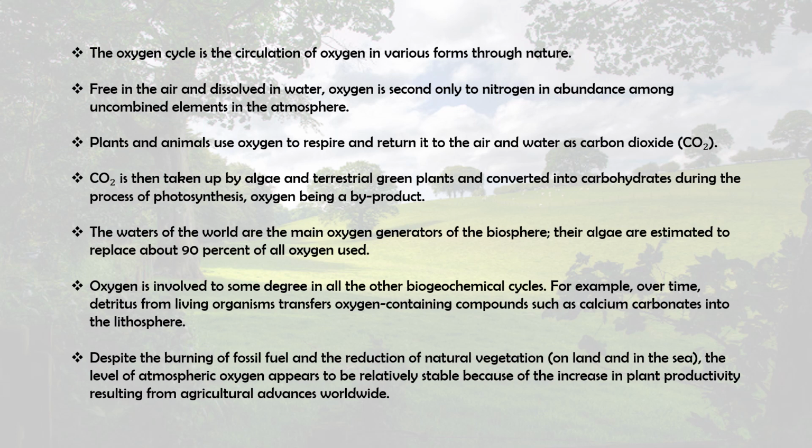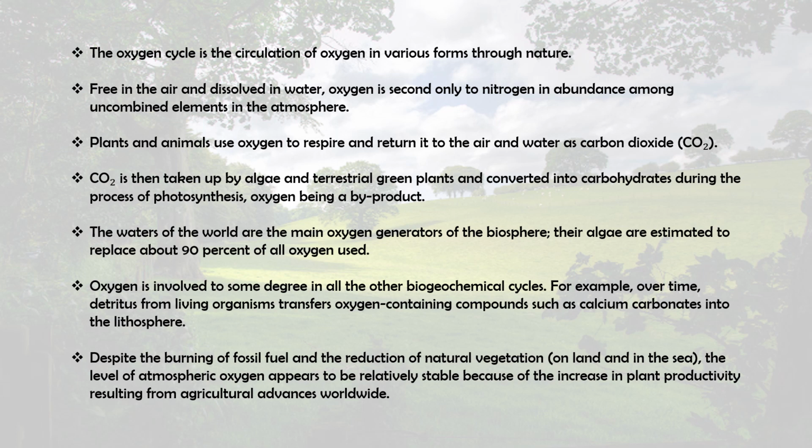Despite the burning of fossil fuel and reduction of natural vegetation on land as well as sea, the level of atmospheric oxygen appears to be relatively stable because of the increase in plant productivity resulting from agricultural advances worldwide. But we are also cutting down so many trees through deforestation, which is also decreasing the level of atmospheric oxygen.